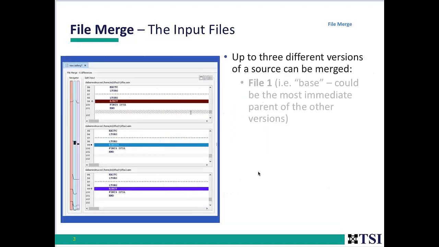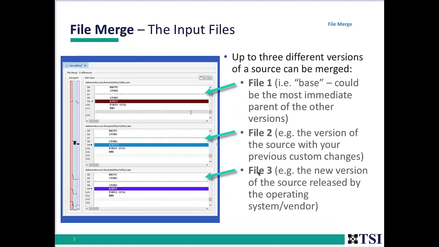So here's a little example. File 1 might be, for example, a TPF operating system source code file that IBM gave you a while ago, and you made some customizations. The customizations might be present in file 2. That's the file you customized. And then TPF released another version of that file with some changes that IBM made.